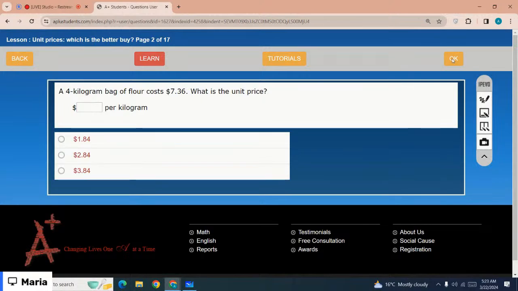What is the unit price? So, which is the correct option? You have to divide 7.36 by 4. So, yes, the correct option is $1.84. Option number 1 is the correct option.